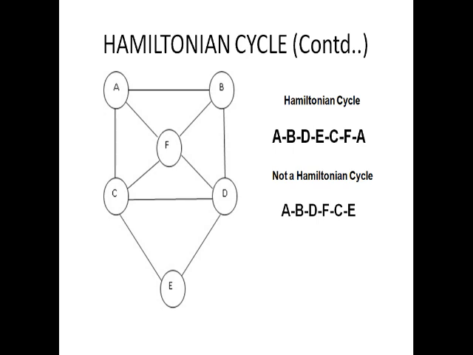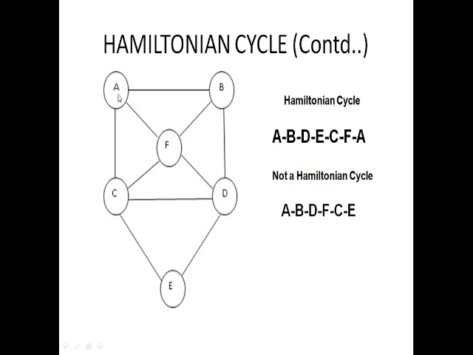No issues in that. But the second case, when we go for visiting A, B, D, F, C, E, all the nodes are visited. No node is visited twice. But the ending node is E. The concept of the Hamiltonian cycle is the starting node should be the ending node.